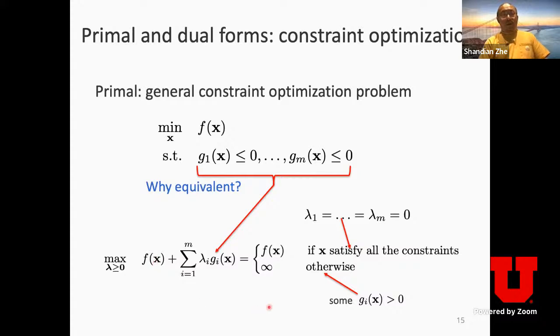Suppose our x violates the ith constraint such that g_i(x) is bigger than 0. Now, if we consider the maximum value of this Lagrange function, how would we choose the corresponding lambda values? Infinite.